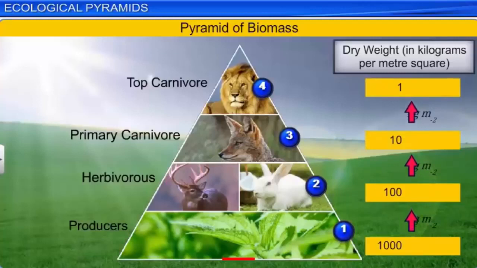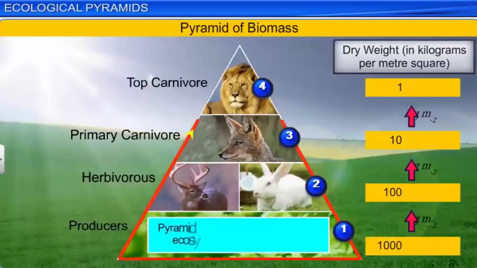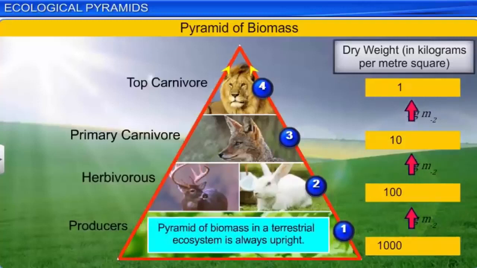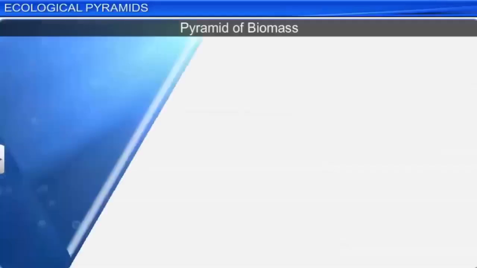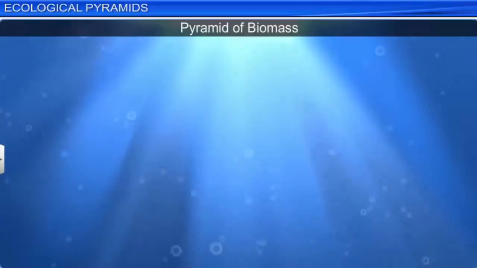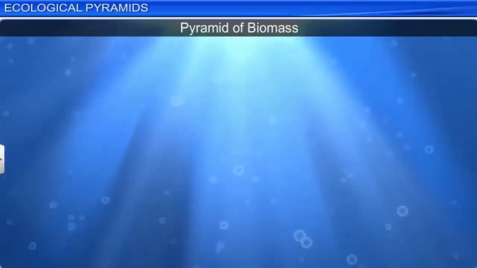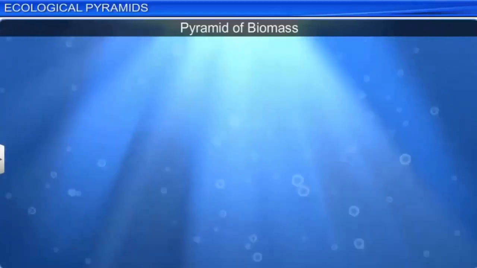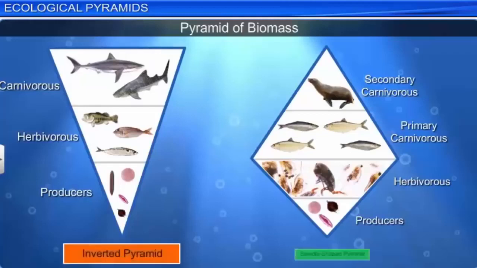Therefore, the pyramid of biomass in a terrestrial ecosystem is always an upright one. On the other hand, the pyramid of biomass in an aquatic ecosystem is either inverted or spindle-shaped.